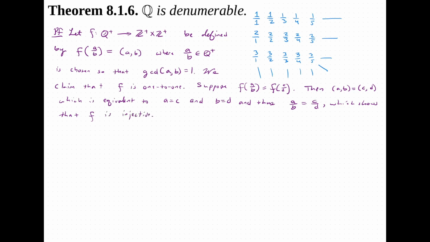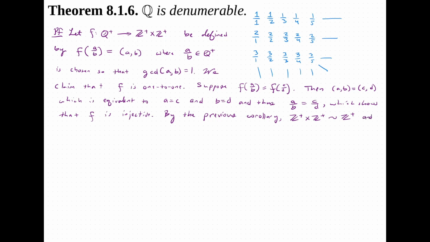Now, by the previous corollary, we have that the Cartesian product of the positive integers with itself is denumerable since it is countable. So this is equinumerous to the positive integers.